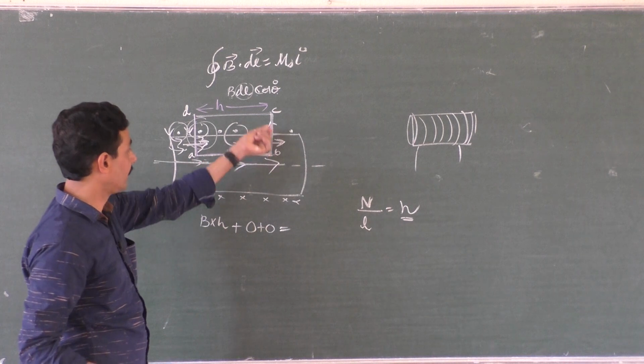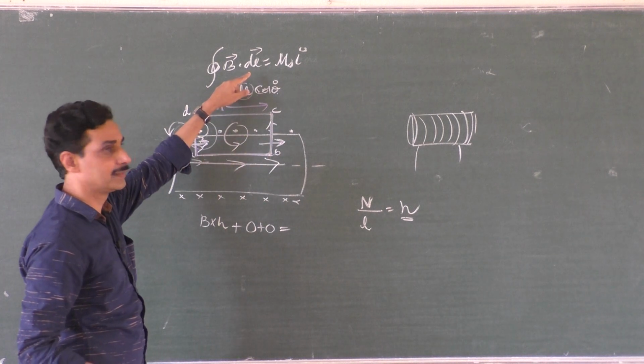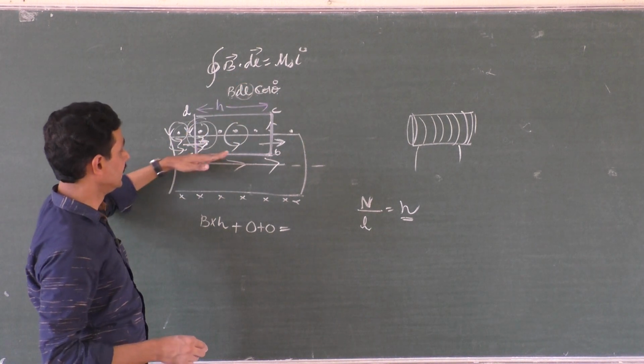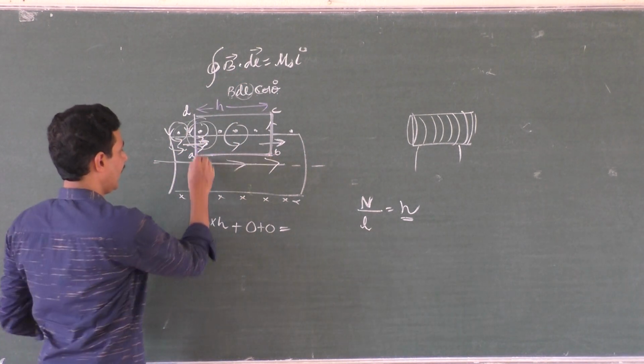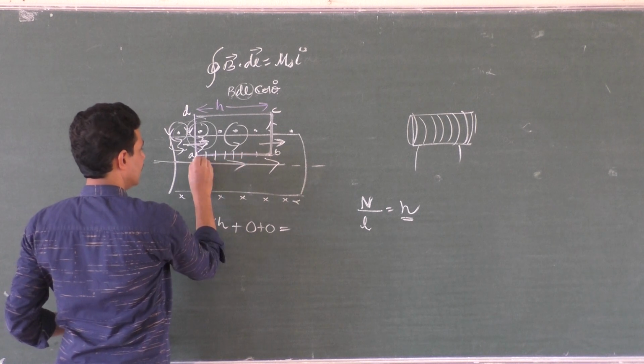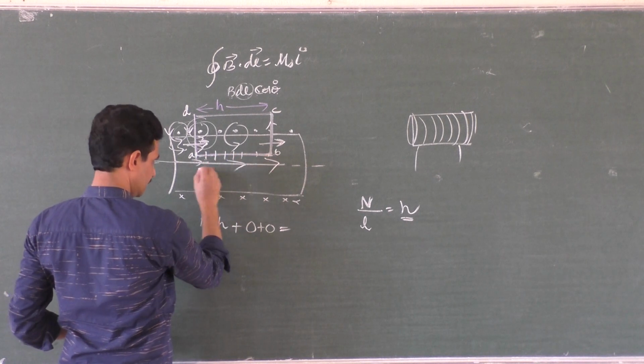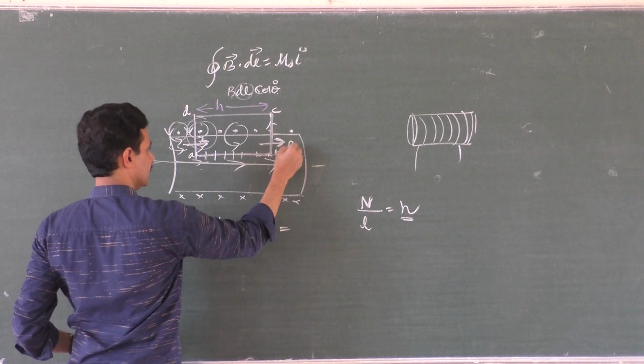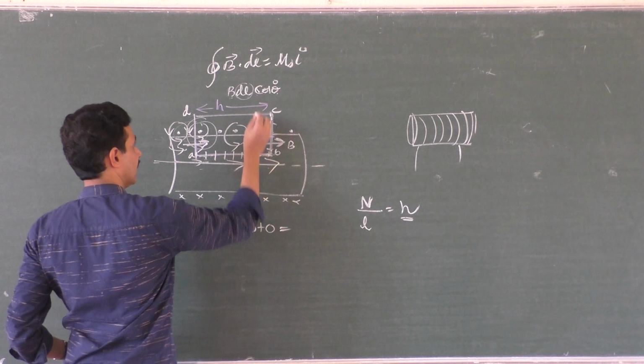You have to complete the Amperian loop and make B dot dl, as we did in a circle in the last case. When you go for this one, you can have the small elements dl added, h, B into h, that is B. But here, B is like this, but dl is perpendicular, cos 90, 0.